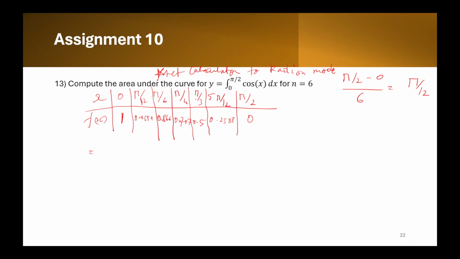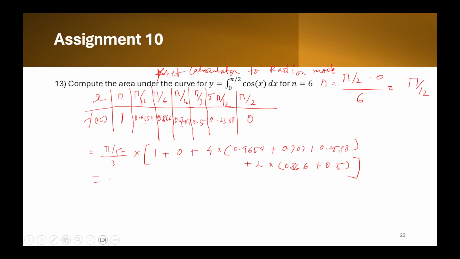So h is given to us, this is h, pi by 12, by 3, into f1 is 1, f7 is 0, plus 4 times f2, f4 and f6, so 0.9659 plus 0.707 plus 0.2588, plus 2 into 0.866, this is f3, and this is f5, plus 0.5.